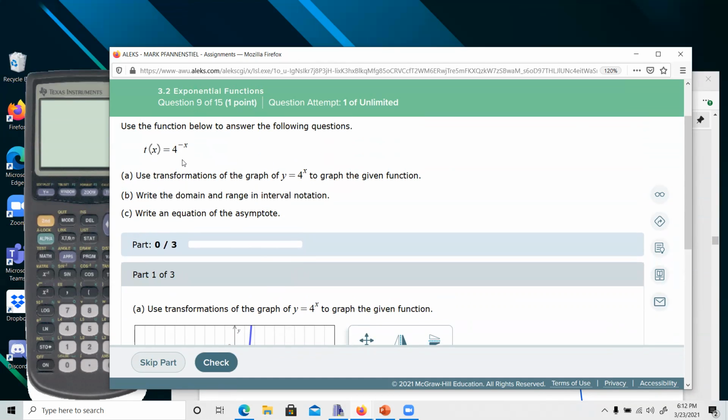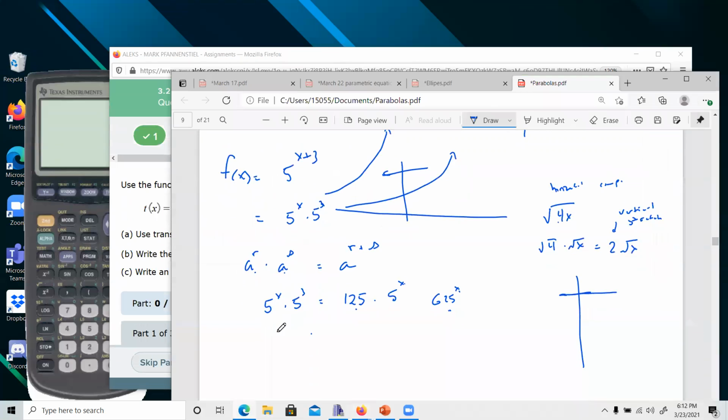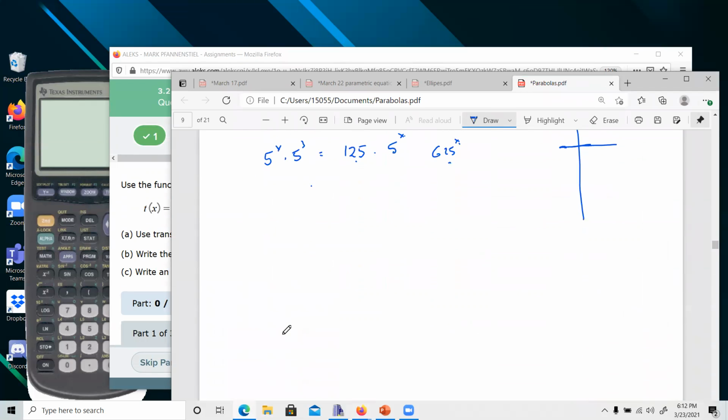All right, now we start getting to some flips. So remember, 4 to the negative x, that's also the same as 4 to the negative 1 to the x. So that's 1/4 raised to the x as well. So if they present it to you this way and they're trying to trick you, you're like, no, I know this one, you're not tricking me.